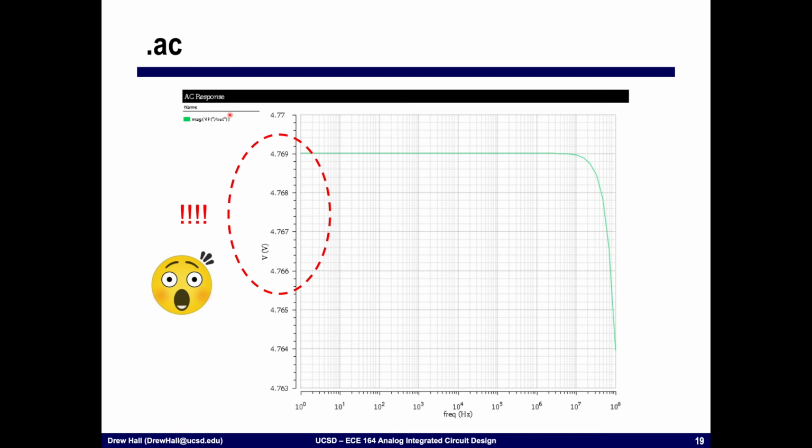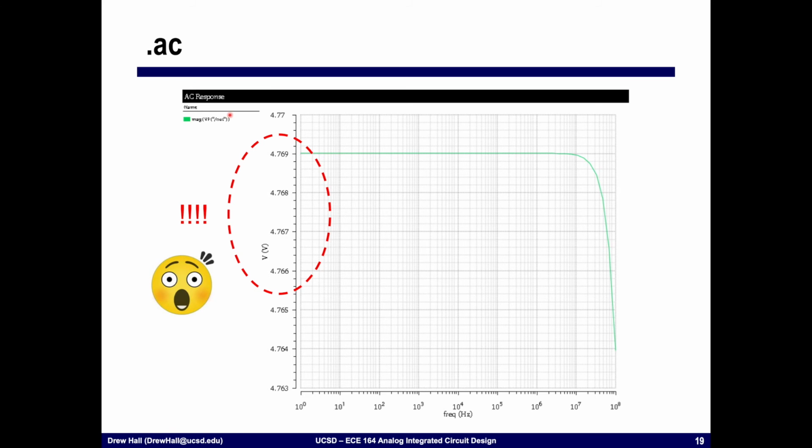Okay? It does that with a DC simulation. Then it linearizes the circuit in the exact same way that we did. Okay? And when we linearize any circuit, we lose all notion of the supply voltage and clipping that would otherwise come into play. And so be very, very careful when you're trying to understand AC simulation results.